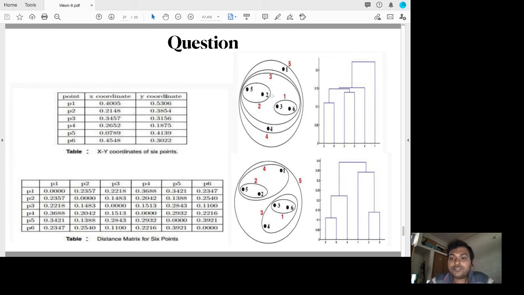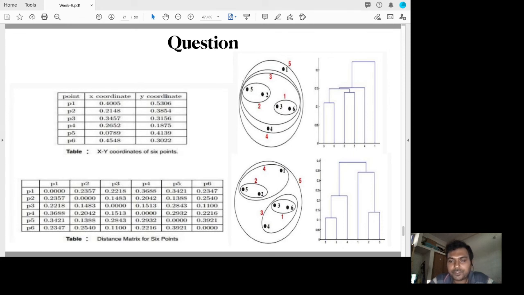Now let's see how the second cluster is formed. So in the top diagram, you see the second cluster is formed, means 2 and 5 are now clustered. So what is the distance between the points 2 and 3?